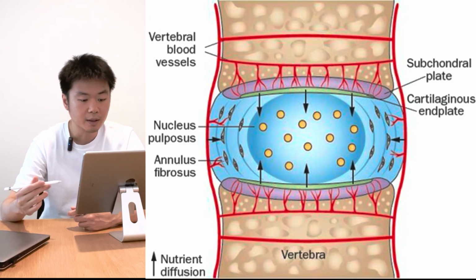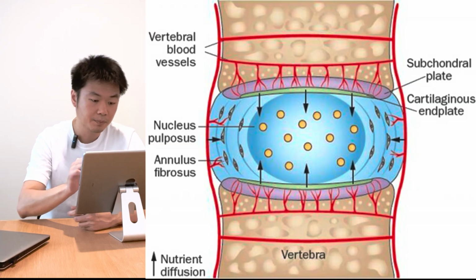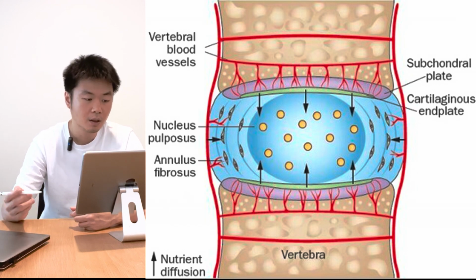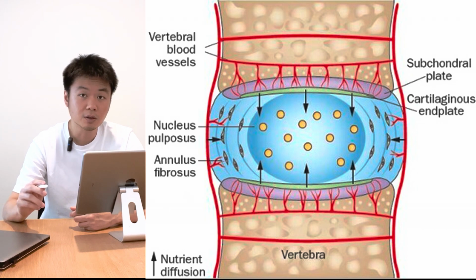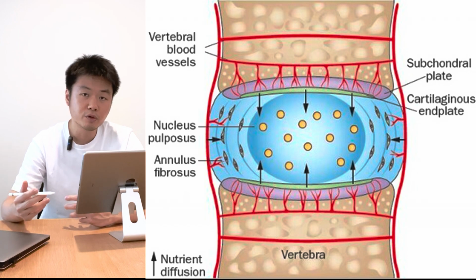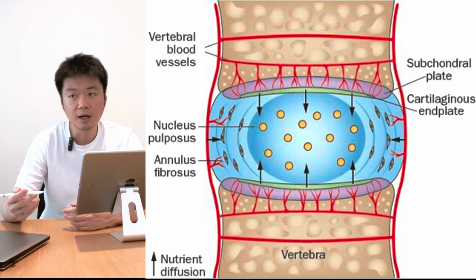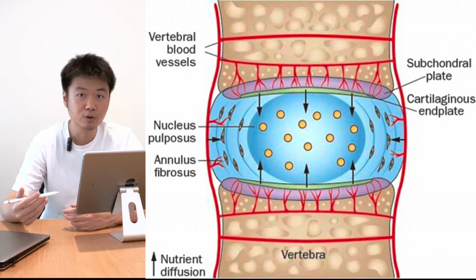And then if we look at the green color thing that we call the cartilaginous end plate, your arteries or blood vessels pretty much supply the nutrients to this end plate first. And then once it reaches the end plate, the nutrients will be transferred to the disc via diffusion.